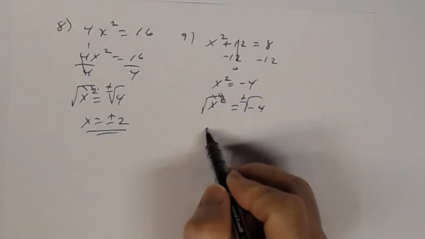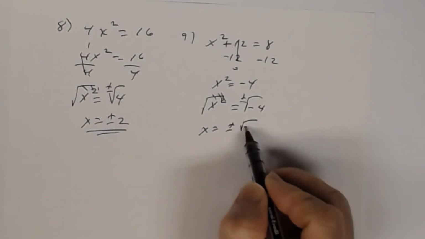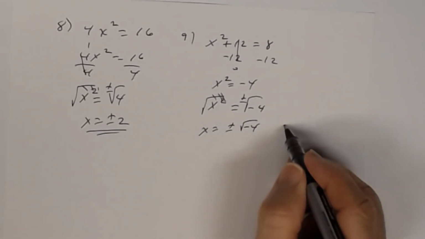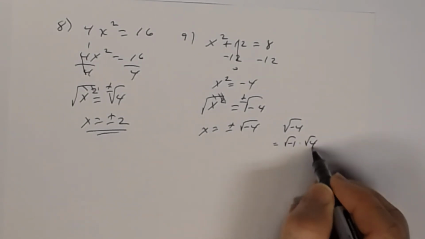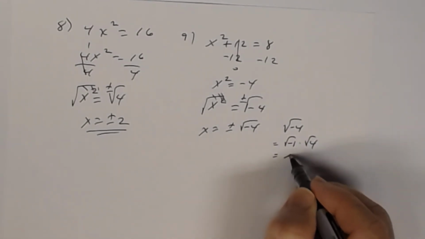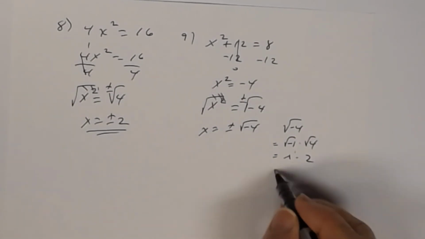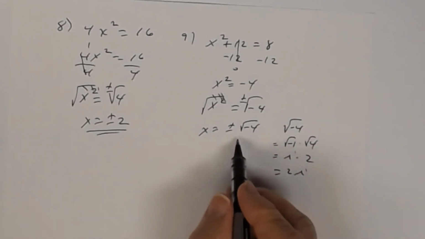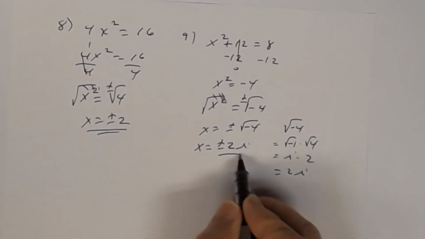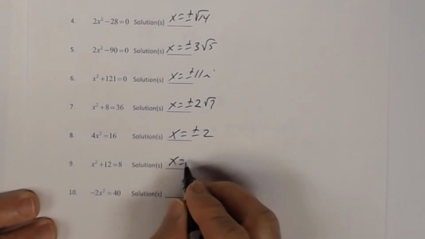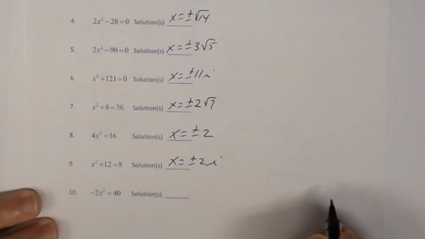These undo each other, so you get x to be plus or minus the square root of a negative 4. You have to remember, the square root of a negative 4 means the square root of a negative 1 times the square root of 4. The square root of a negative 1 is i, the square root of 4 is 2, so this becomes 2i. So my solutions then become x equal plus or minus 2i. So plus or minus 2i is the answer for number 9.